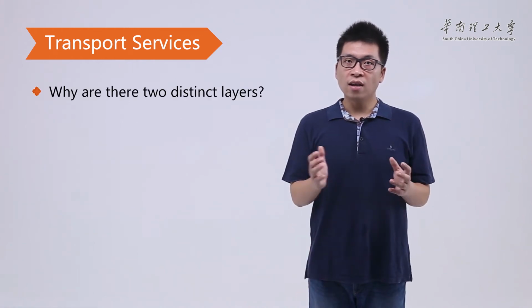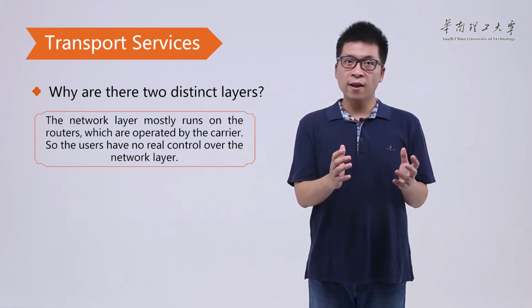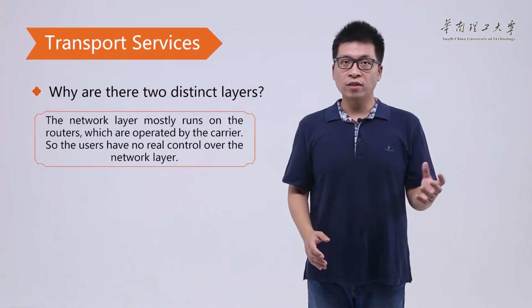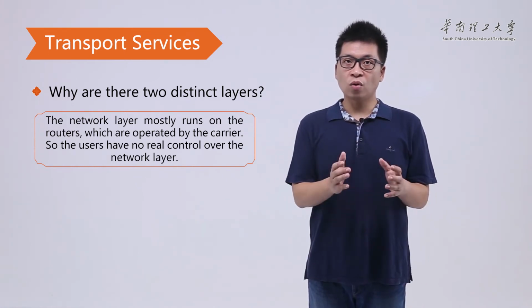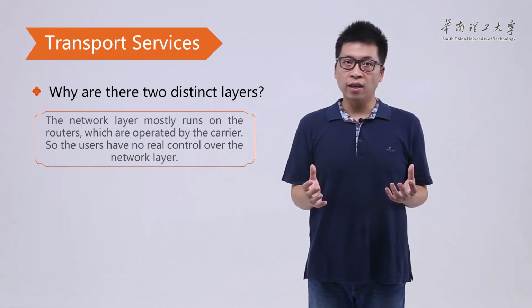So the question is, why are there two distinct layers? The network layer mostly runs on the routers, which are operated by the carrier, so the users have no real control over the network layer.